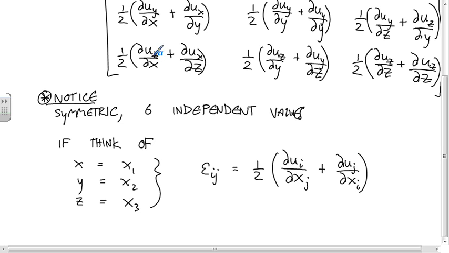So look at this zx position. We're saying i is 3 and j is 1, right? So this is du3, or z, with respect to x, plus du1, or x, with respect to the third x, which is z. So that formula gives you all this information.